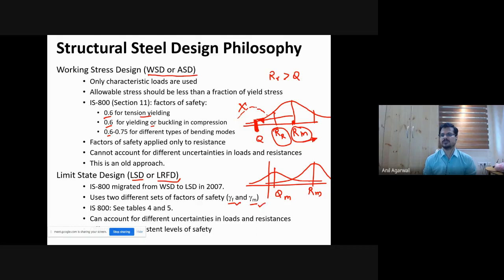So you have one factor of safety for Q and one for R, because two distributions, or two levels of uncertainty, one at the load level and another at the strength or resistance level, are both being considered. These load factors are available in Tables 4 and 5.